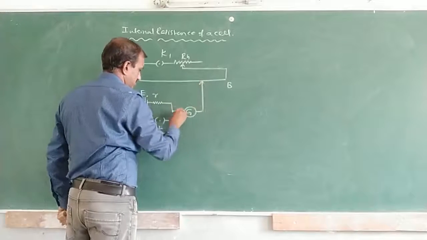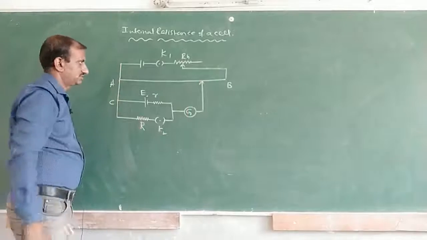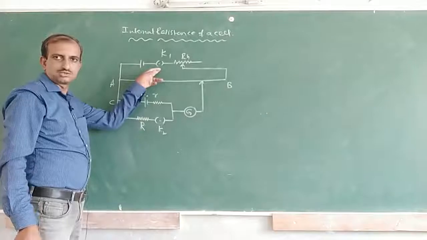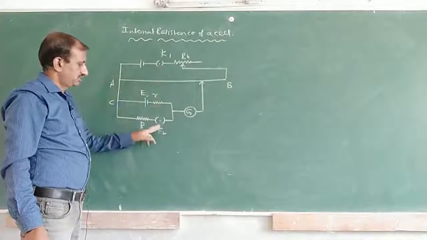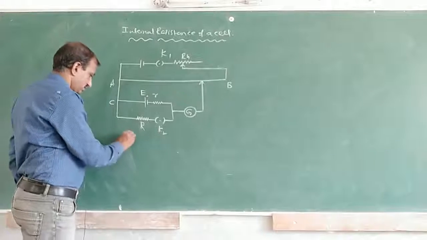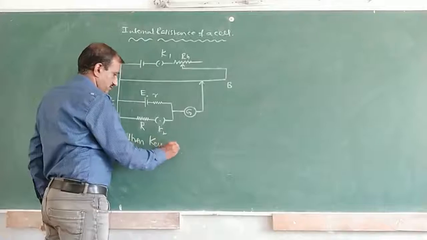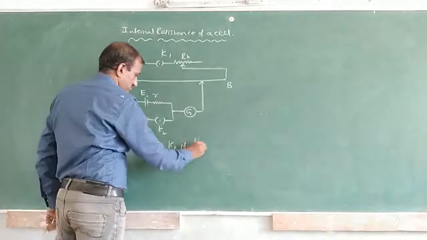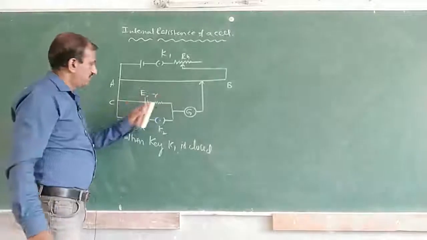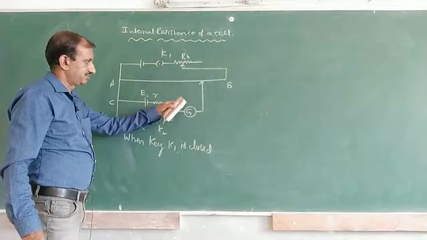This is a pointer. This is the terminal C. Now close the key K1 keeping K2 open. When key K1 is closed, a steady current flows through the wire and only this circuit is connected.